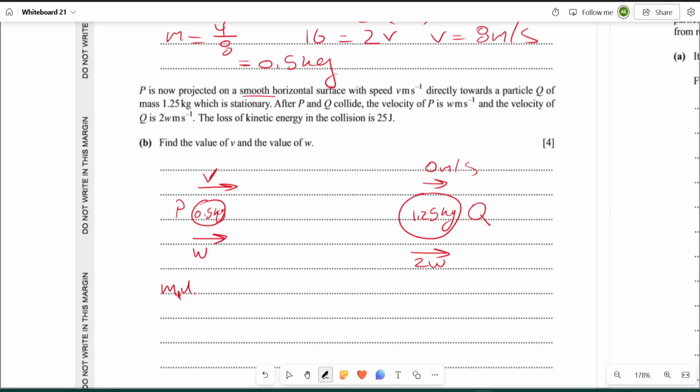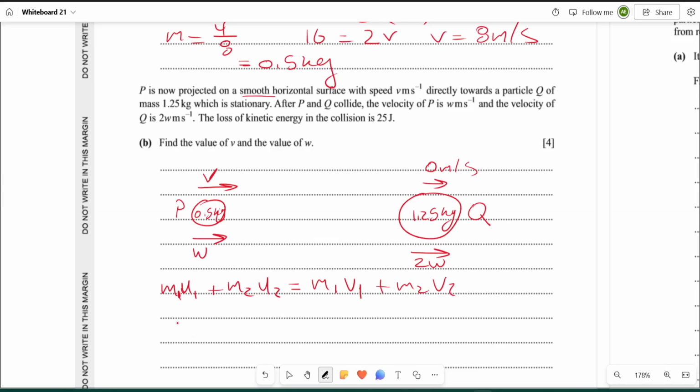It says that m1 u1 plus m2 u2, where u1 is the speed of object 1, which is P initially before the collision, and u2 is the speed of object 2, which is Q initially before the collision, should equal m1 v1, which is the speed of P after the collision, plus m2 v2.